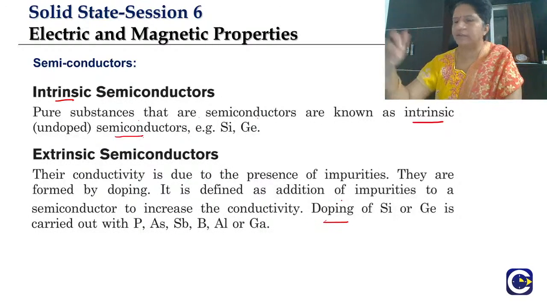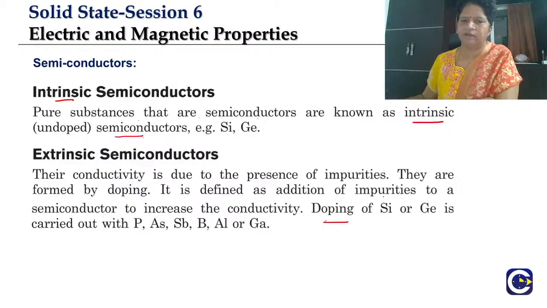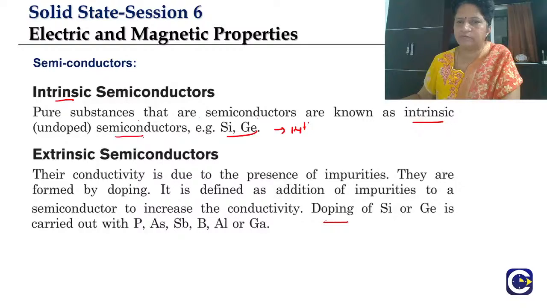If we add some impurity, what do we call it? Doping. Doping is adding some extra element. Generally silicon and germanium are 14th group, or we'll call them 4th A group elements.